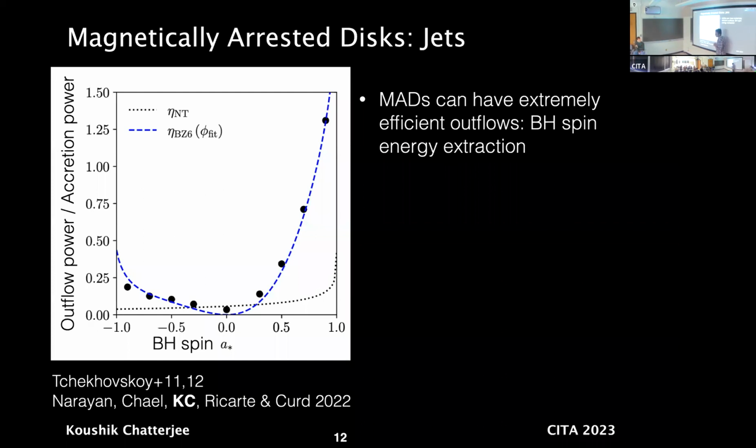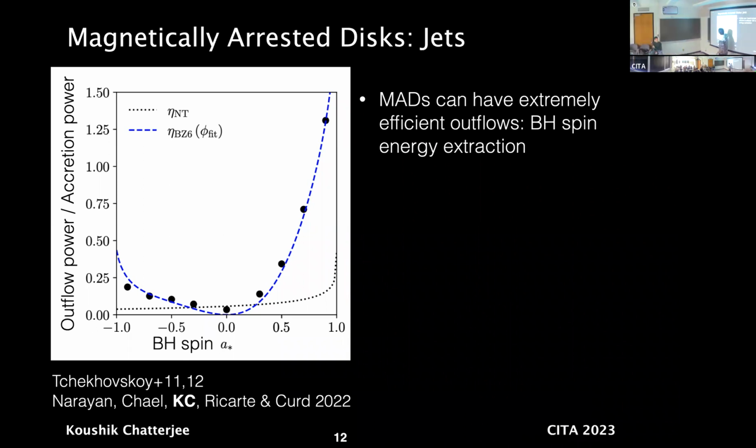Wait, how are you normalizing power? Because you know the accretion power is just accretion rate times c squared. Radiated energy relative to M dot c squared. No?